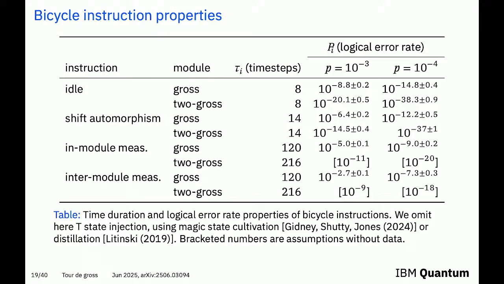So if you have a 10 to the minus 4 physical error rate, then say an architecture with two gross might have 10 to the minus 20-ish in-module measurement error rates. But since the gross and two-gross codes are fixed in their code distance, we cannot just up the code distance to suppress the error even further. We would have to find a different code.